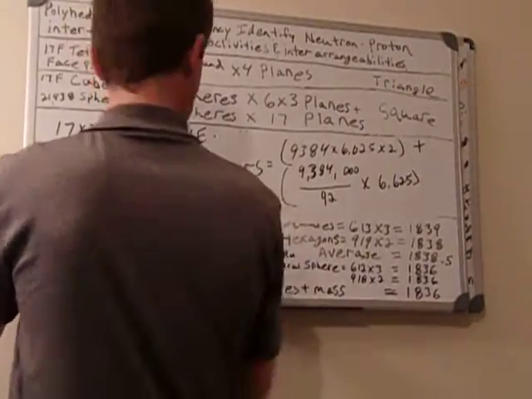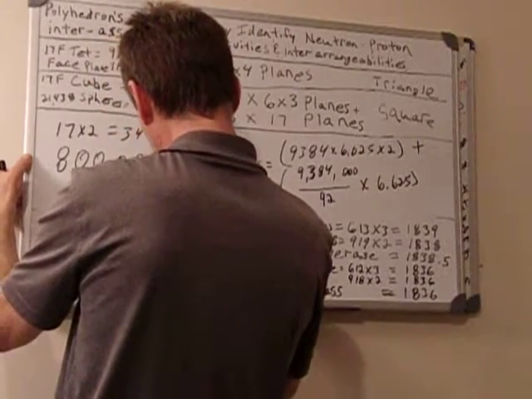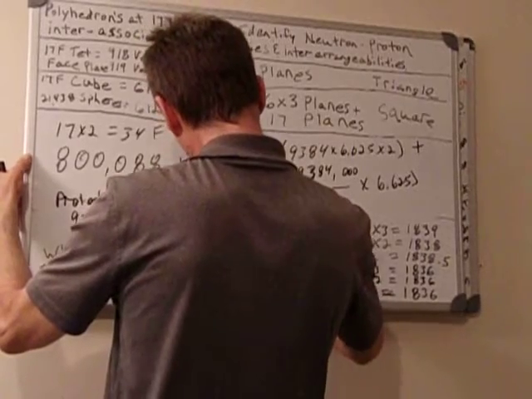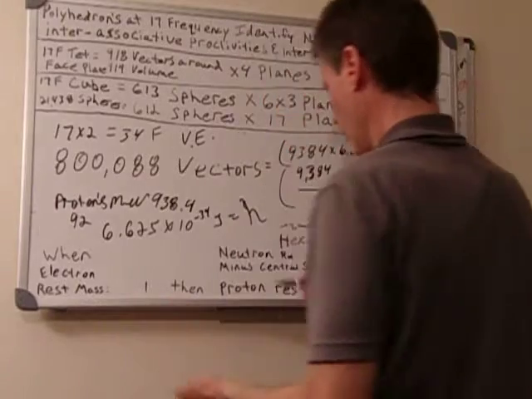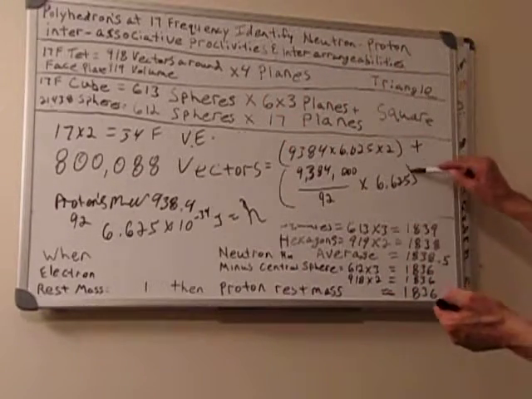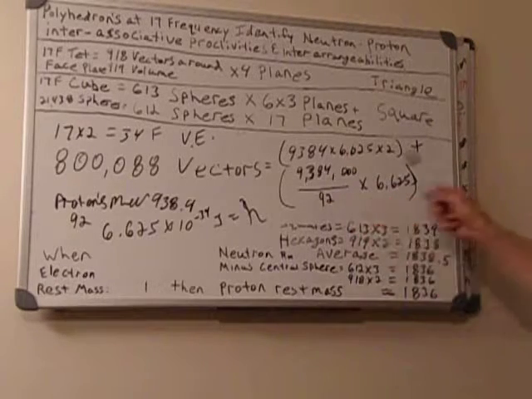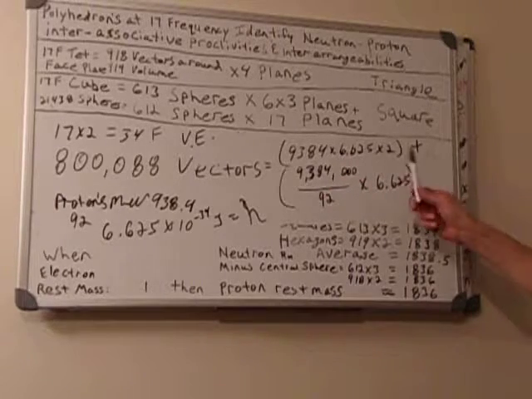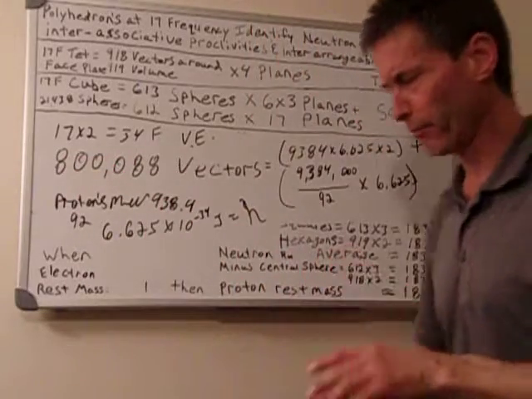We have 92 naturally regenerative chemical elements, and we have 6.625 times 10 to the negative 34 joules for Planck's constant. Planck's constant times 9,384,000 divided by 92 plus 9,384 times 6.625 times 2, total number of vectors in this polyhedron.